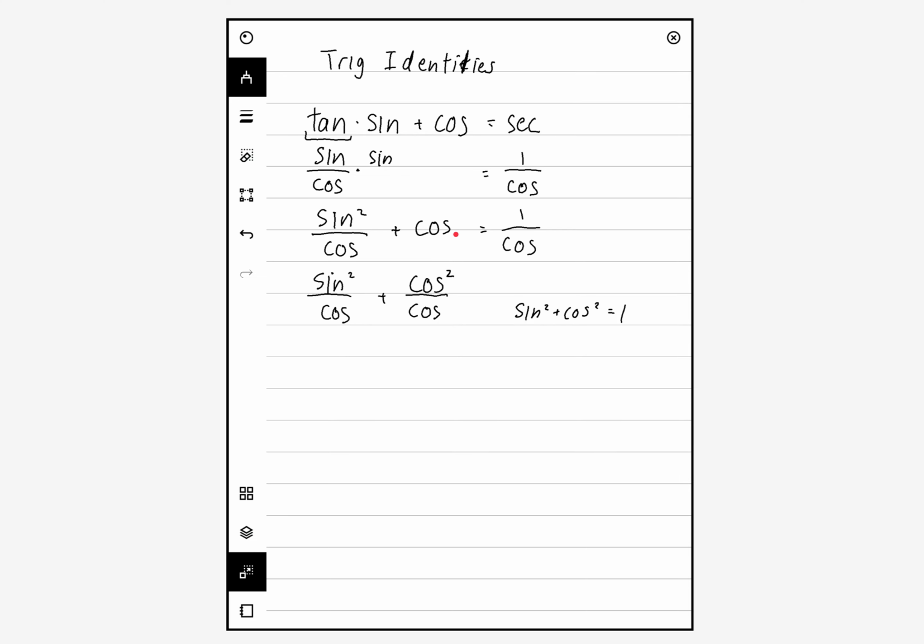If I multiply it by cosine over cosine, it becomes this. Equals 1 over cosine. So now if I combine this and I do sine squared plus cosine squared over cosine, I can say that's equal to this. Because the top becomes 1 over cosine equals 1 over cosine.